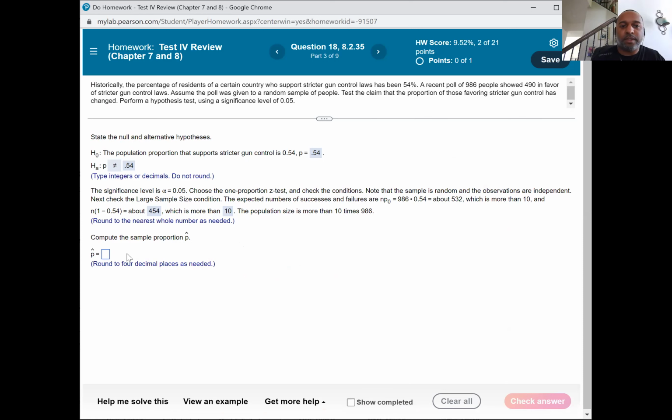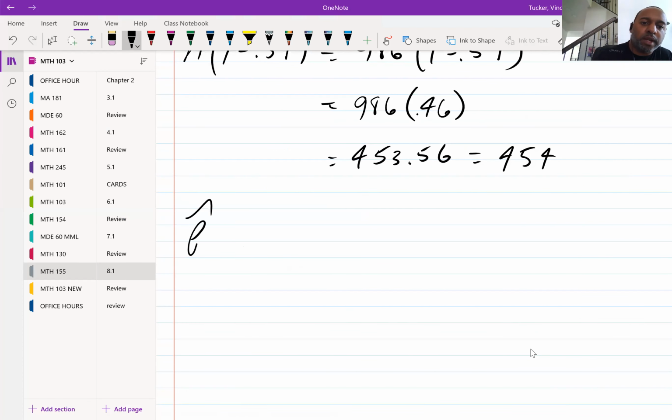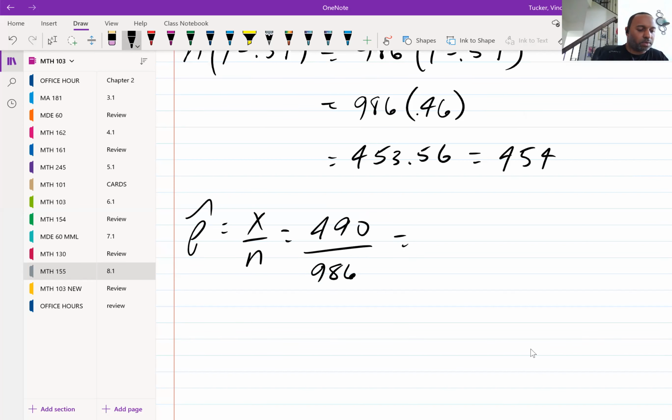Everybody good? Everybody straight? So now it says find p hat. p hat is x over n. That's 490 over 986.